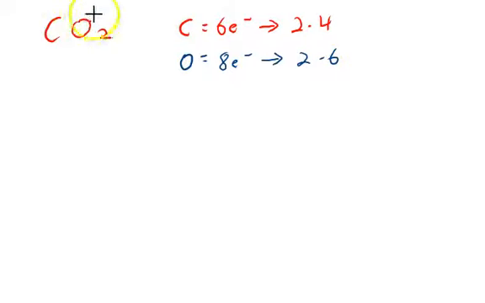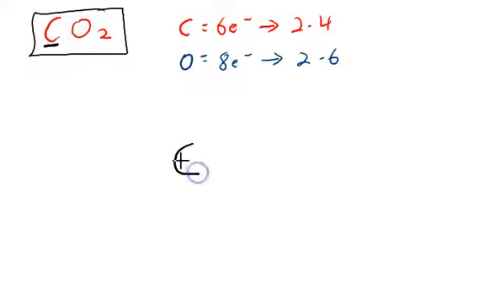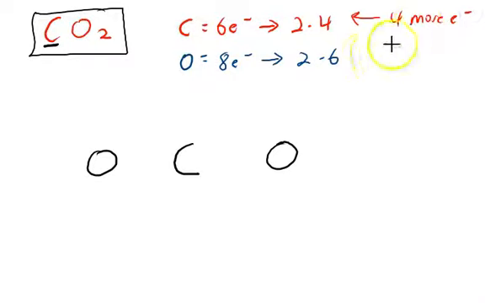Now the arrangement we have to draw using a Lewis structure. You have to look at the element that appears singly. So we put carbon in the middle and oxygen at both ends. Carbon needs another 4 electrons, and oxygen only needs 2 more. So I'm going to settle the oxygens first. Oxygen needs 2 more, so we just draw 6 and 4.